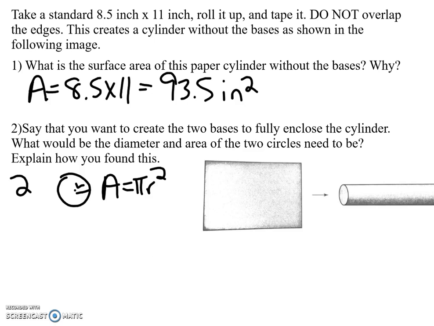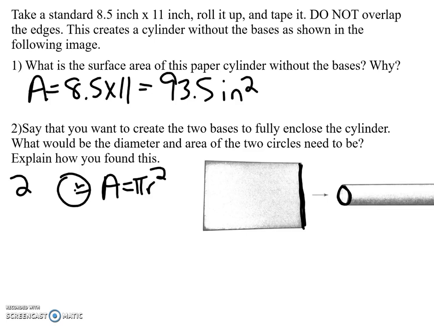Well, we can't just say what the radius is, but what we do know is think about how this is rolled up. If I think about how that's rolled, that roll is coming from this edge here. Now think about what that's making. If I'm taking the edge and outlining a circle, that means the edge is making the circumference.